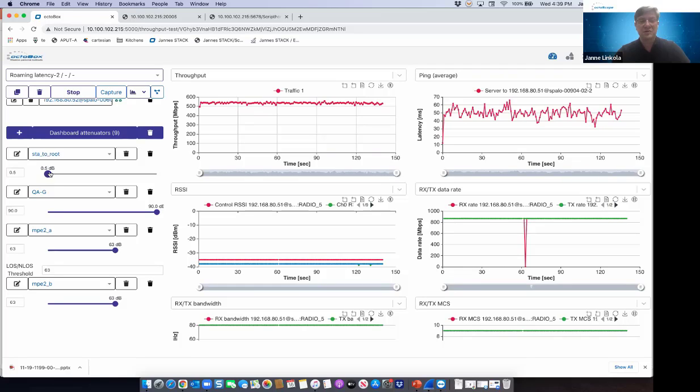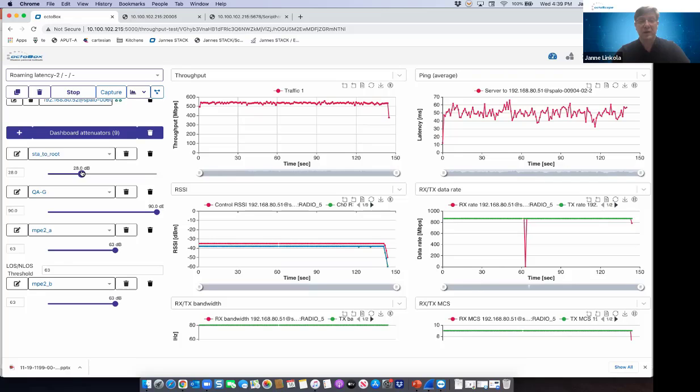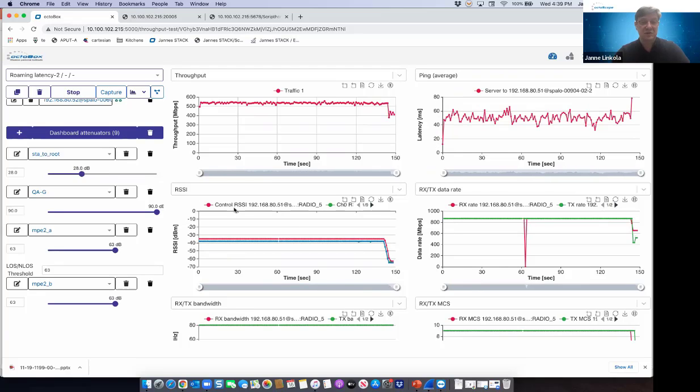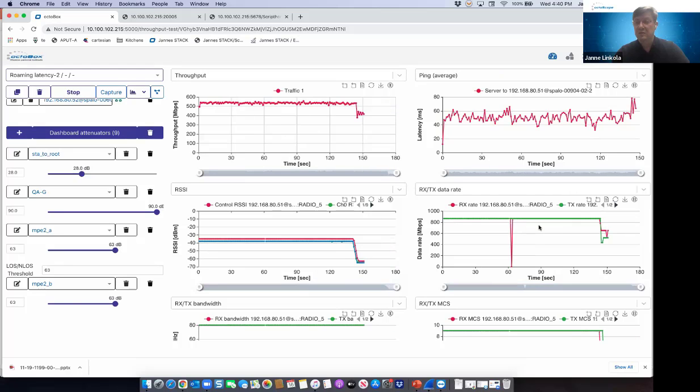But as I increase the attenuator between the station and the root node, we see a dip in the RSSI. I increased the attenuator by 28 dB. We see here a corresponding dip in the PHY rate as well as the throughput went down. Interestingly, small impact already to the latency, not yet very dramatic.